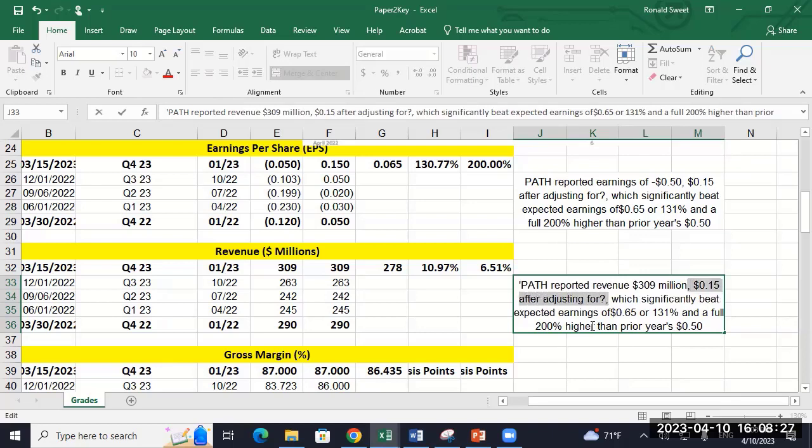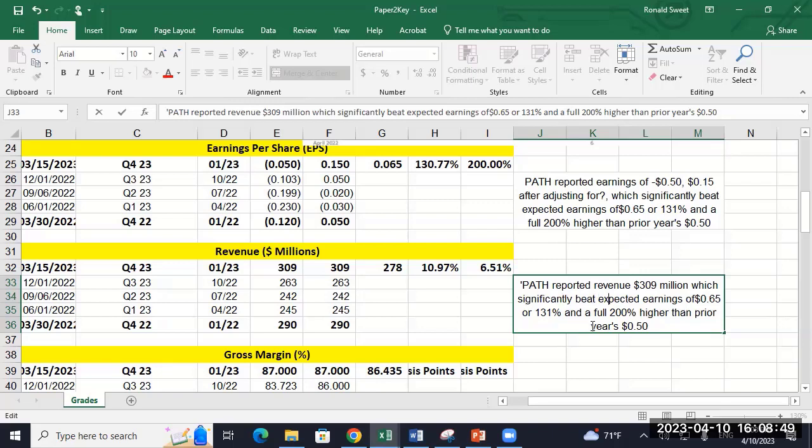Which again, significantly. So what's significant on earnings? 20-30% is significant on earnings, 4 or 5% on revenues. You're usually much closer on the revenues. So a 5% miss or beat on revenues is a much bigger deal than a 10% beat on earnings. We tend to get revenues much, much closer.